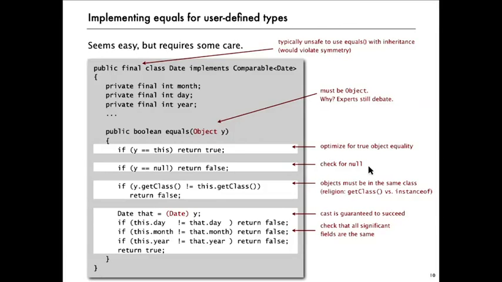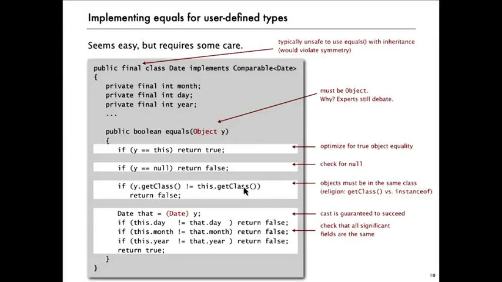There's this test for null that has to be there, and if it's not there, it can lead to nefarious bugs and unusual problems. So in your equals, you better test that the client didn't give you null. They have to be in the same class, and there are a couple of different ways to check that, which is another religious debate that we'll ignore.